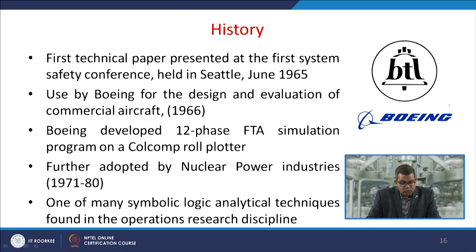Then it was used by Boeing for the design and evaluation of commercial aircraft. In 1966, Boeing developed the 12-phase fault tree analysis simulating program on the Calcomp plotter, and further it was adopted by nuclear power industries between 1971 and 1980.